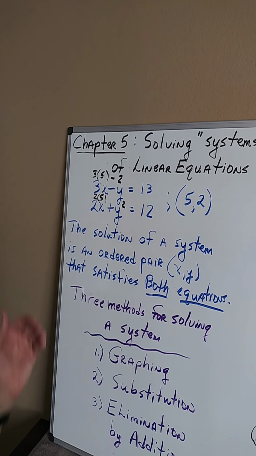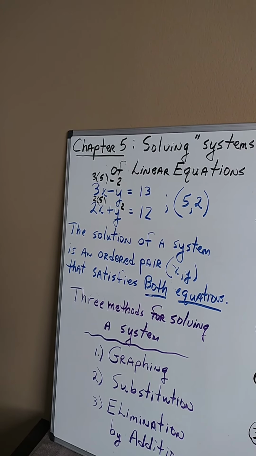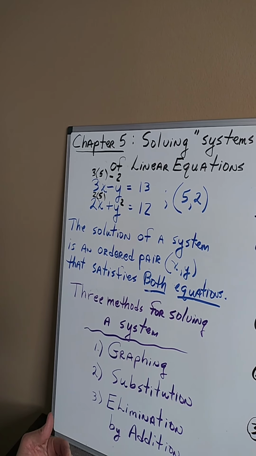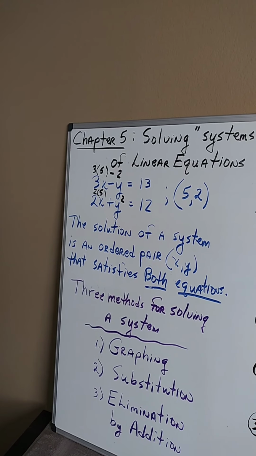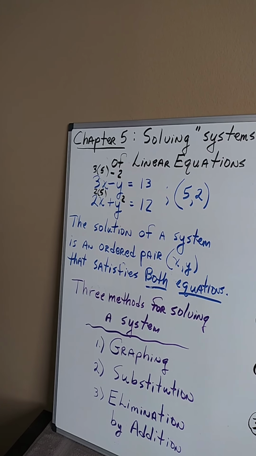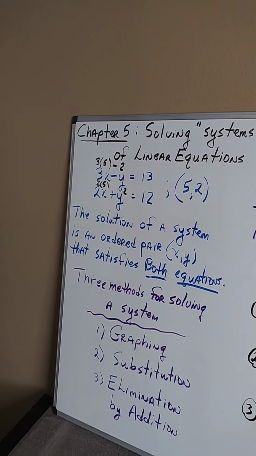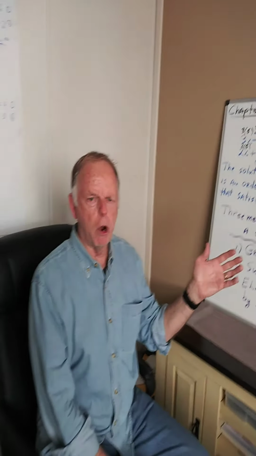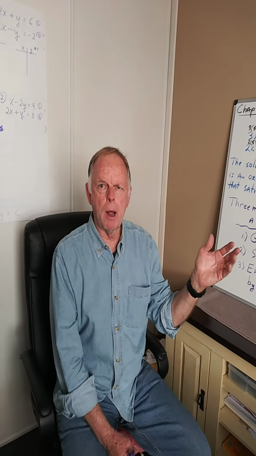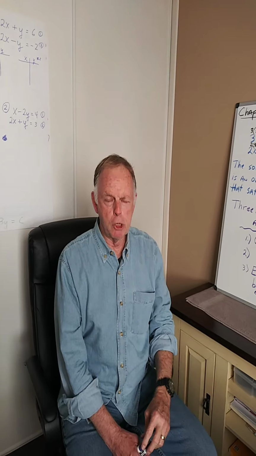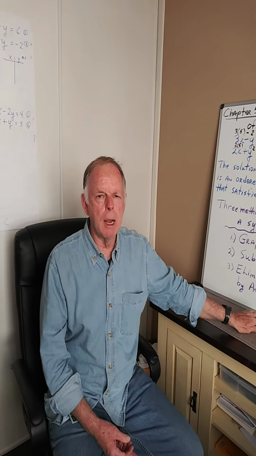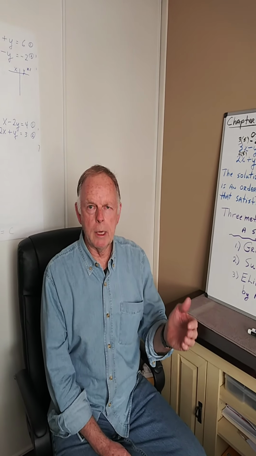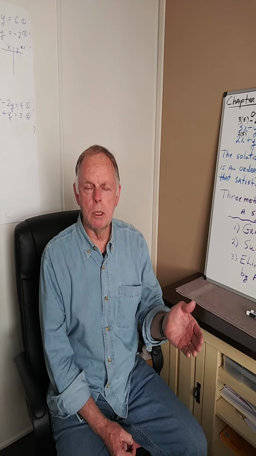And to graph each one of them, you're going to make a decision. You're either going to decide that you're going to use the x and y intercept method to graph, or you're going to use the slope and the y-intercept to graph. You can stay with one method over the other for all the problems that you do. But as you're going to see when we demonstrate today, from time to time, the x and y intercept method is a nice method to use.